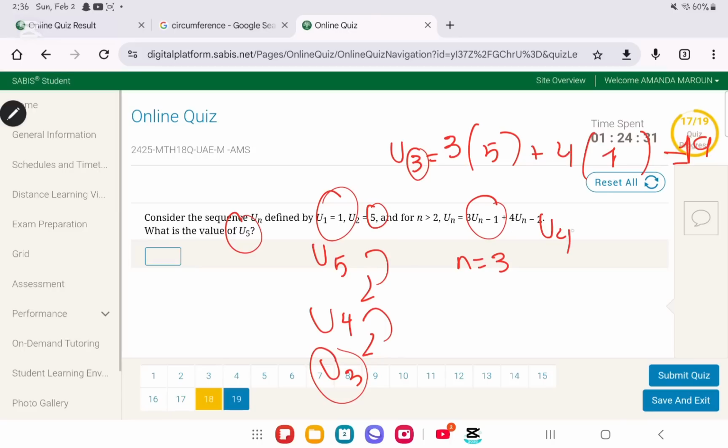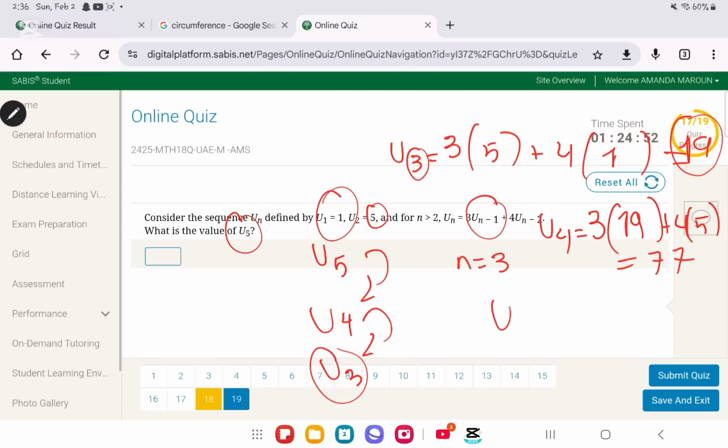To find u4, we're going to do the same thing. But here, in this case, we have 3 times u4 minus 1, so u3, and we know u3 is 19, plus 4 times u4 minus 2, which is u2, 5. So 3 times 19 plus 4 times 5, you will get an answer of 77.